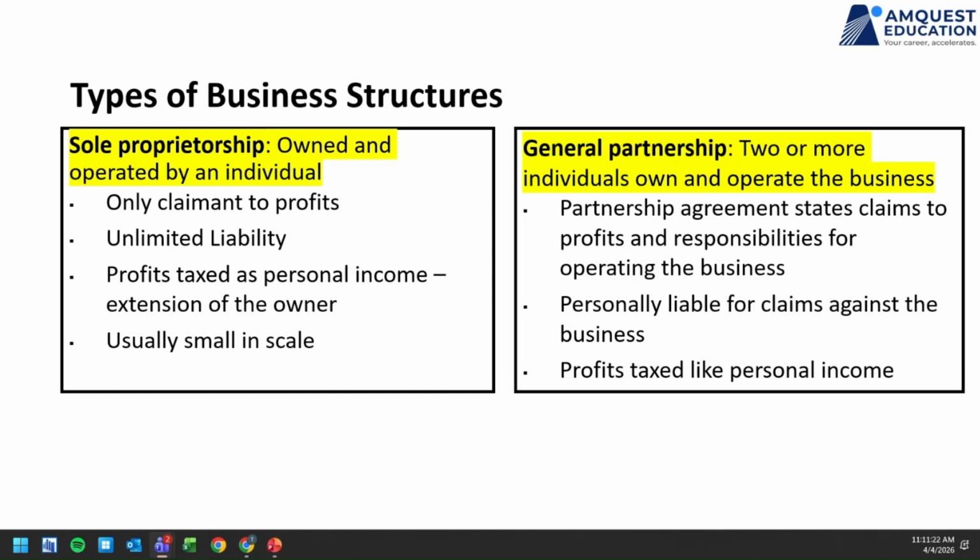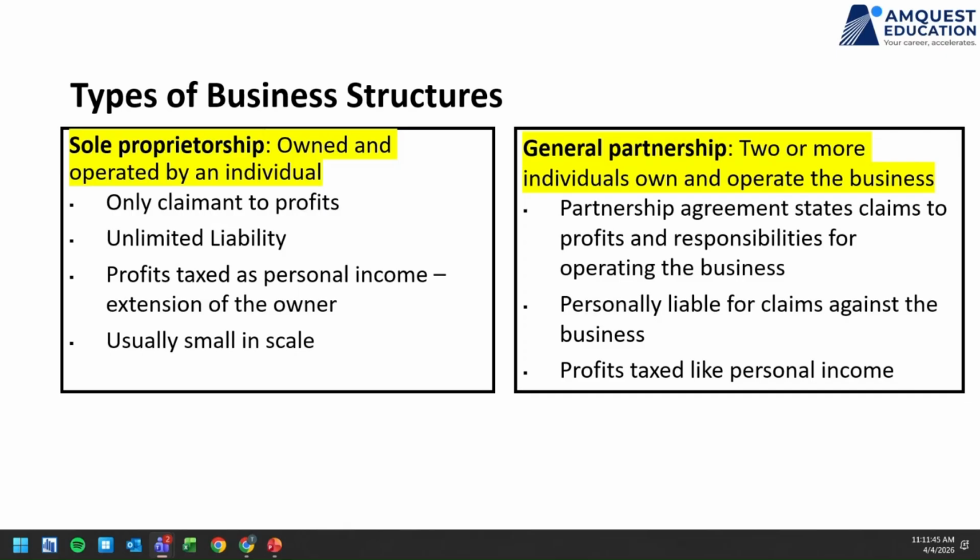Then from sole proprietorship, we move towards general partnership, where now you have two or more individuals who own and operate the business. It's a partnership, right? As soon as we say a partnership, you have more than one individual running the business. A partnership agreement states claims to profits and responsibilities for operating the business.